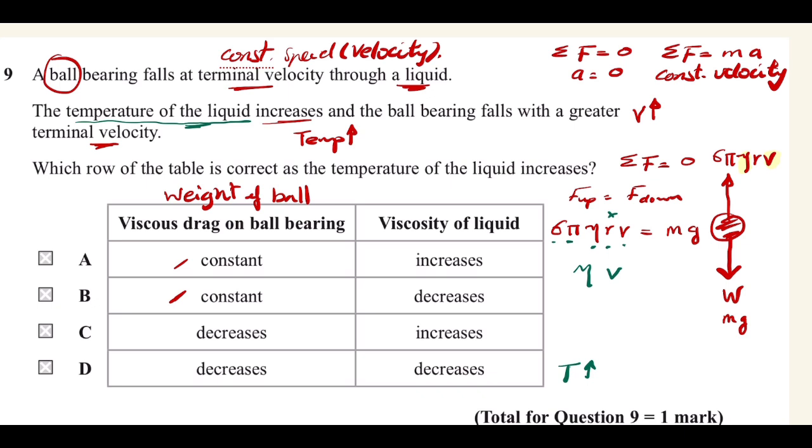The examiner said the temperature of the liquid increases and the ball has a greater velocity, greater terminal velocity. So now there is a directly proportional relation between temperature and the terminal velocity. So the terminal velocity increases according to the increase in temperature of the liquid.